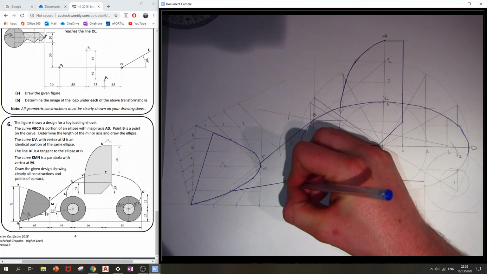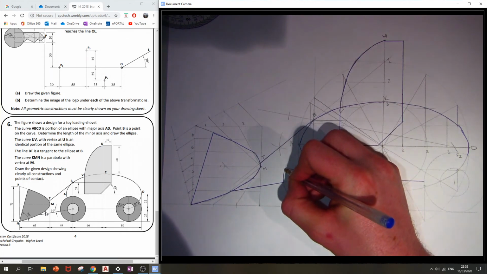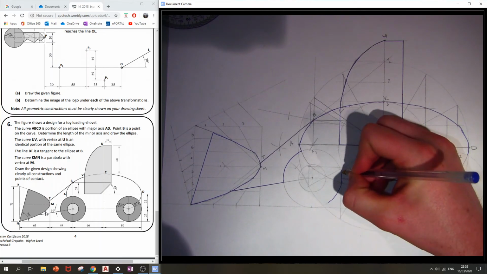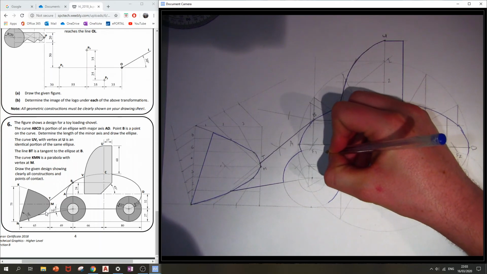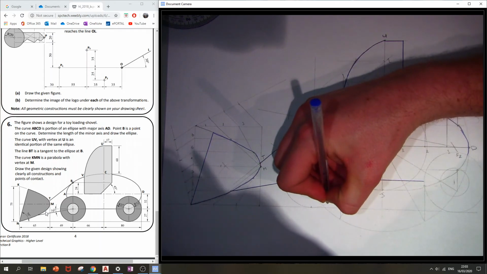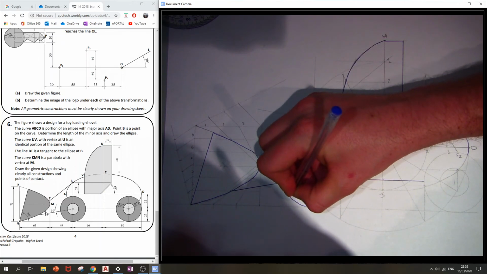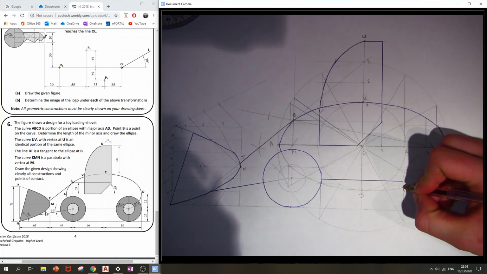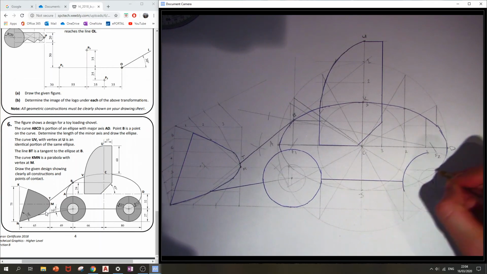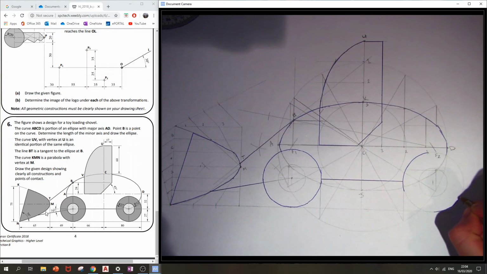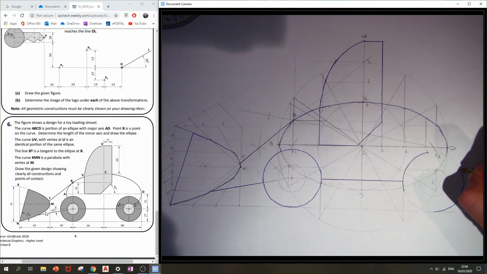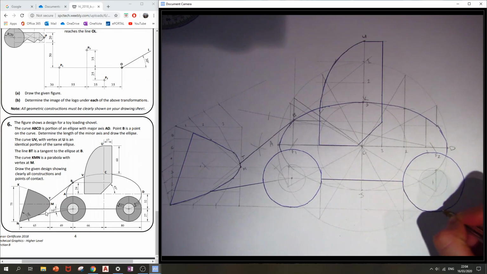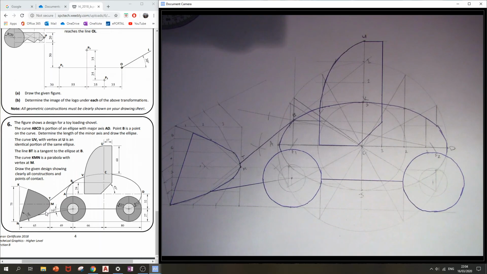Okay, so I'm just going to go over these. Okay, and I'm going to leave it at that then.